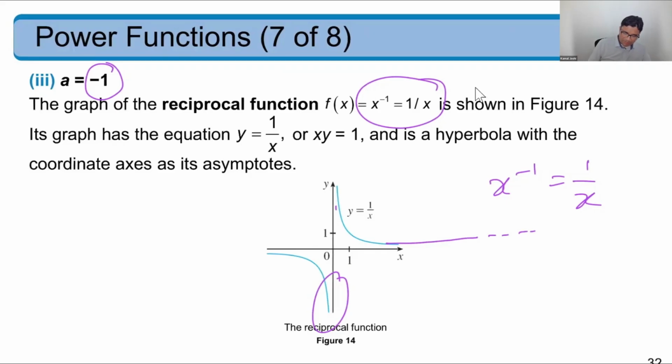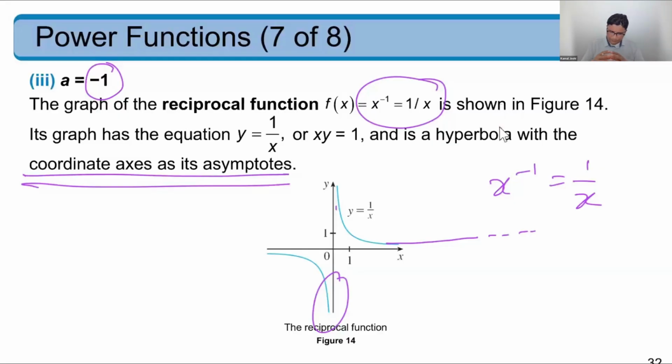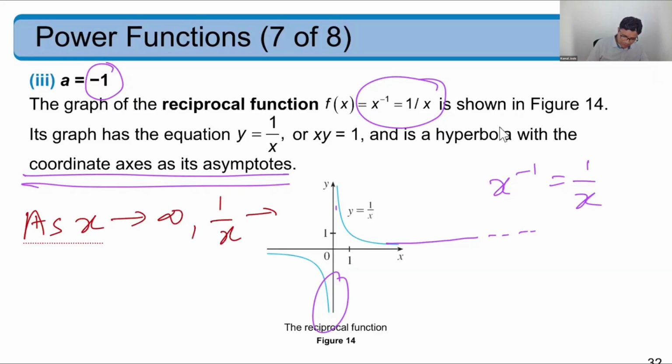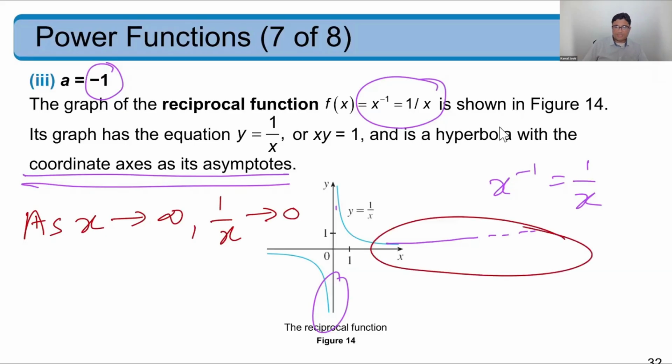So we'll get a number of things here. I will say the coordinate axes are asymptotes. Both the x-axis and y-axis are asymptotes here, but for different reasons. Those reasons I'm going to write here. As x goes to infinity, that is a way to write for large values of x, 1 over x goes to 0, so that becomes asymptotic there.